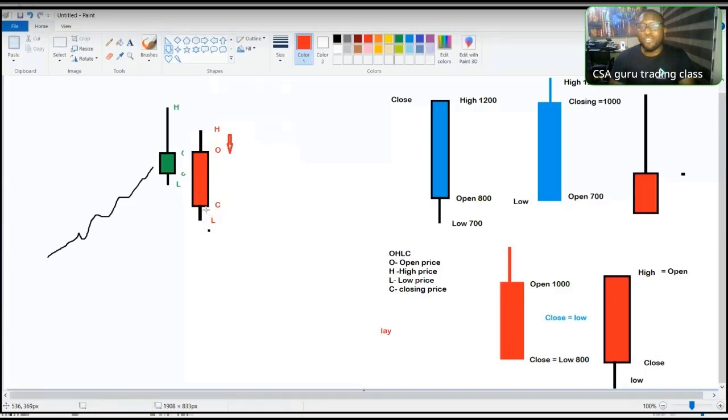Now, how do you know the price is going to go much lower? That is the question. You're not really sure that this indicates the price is going to go lower. But if this candle did not close below this, now this is what we call engulfing, right? Let me draw another candle just to explain that better.